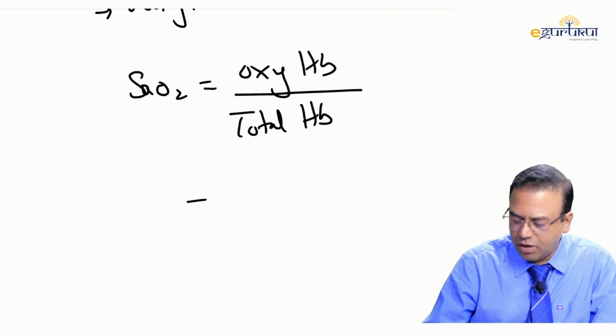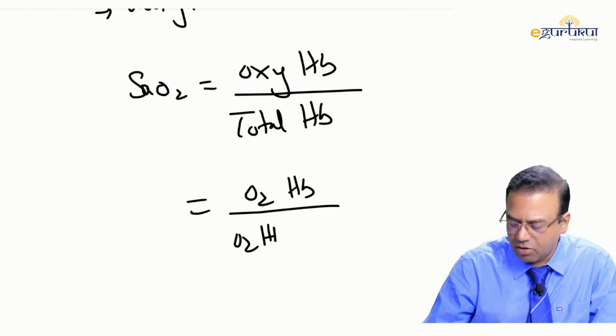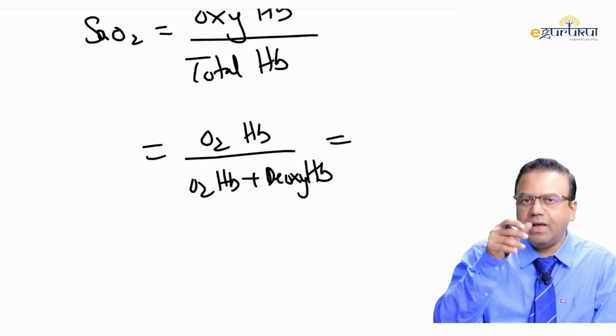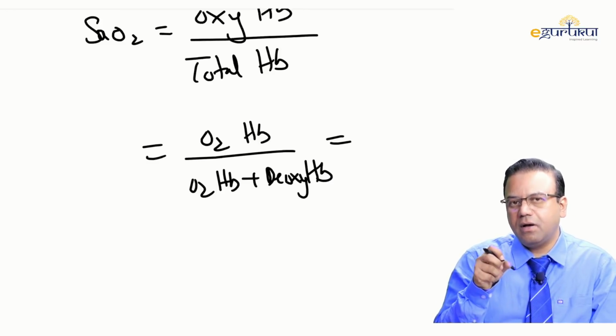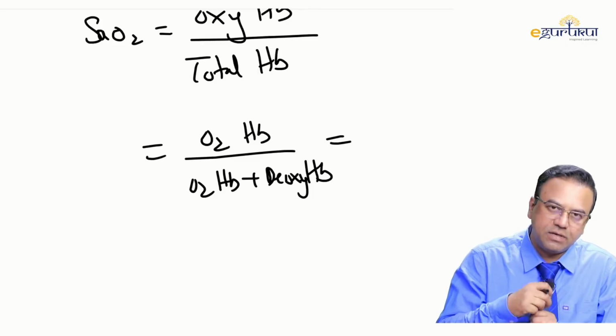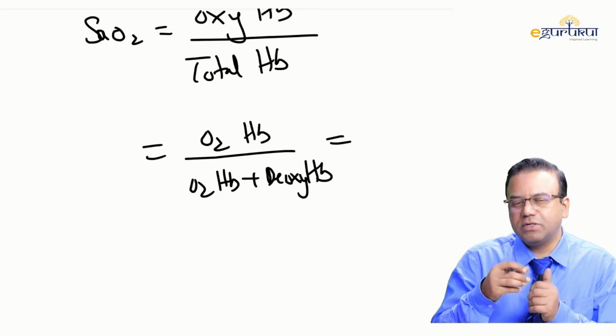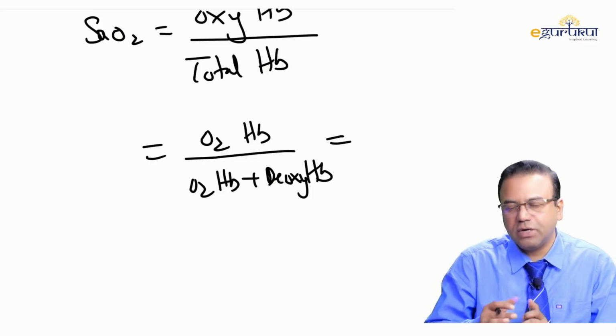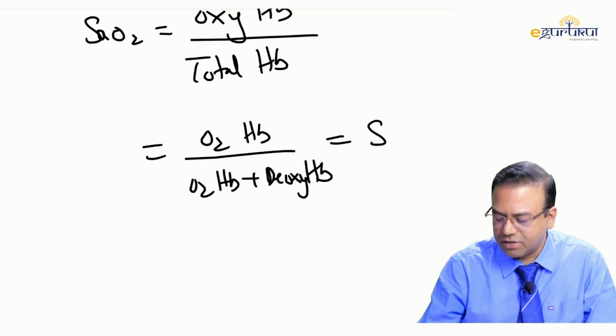And instead of saying total hemoglobin, you can say oxyhemoglobin divided by oxyhemoglobin plus deoxyhemoglobin. This is the saturation. So by finding out how much is blocked by the 940 nanometer wavelength and how much is blocked by the 660, the sensor tells how much is the oxyhemoglobin content in the blood and how much is the total hemoglobin, which includes the deoxyhemoglobin, and it calculates the saturation and tells us.